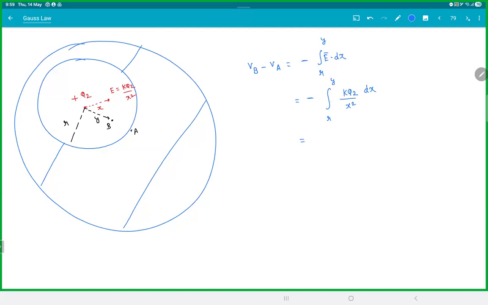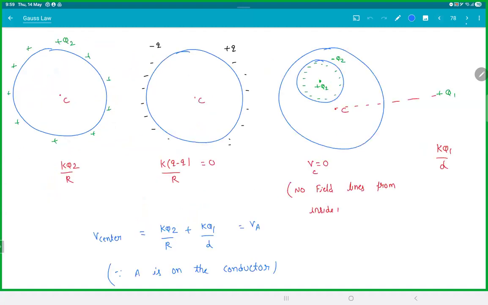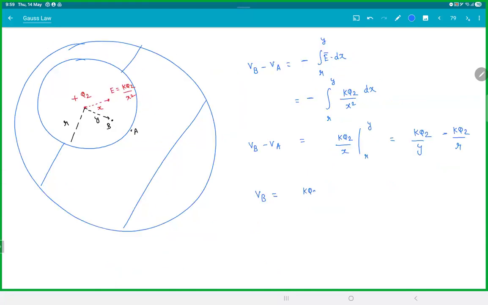That would be plus KQ2 by x, limits r to y. That is KQ2 by y minus KQ2 by r. This is the potential difference VB minus VA. And VA, though, you already know. VA is this guy, KQ2 by R plus KQ1 by D. This is your VA. KQ2 by y minus KQ2 by R.